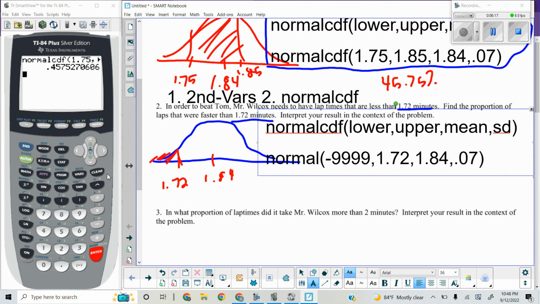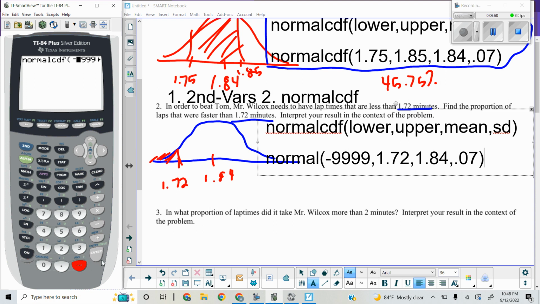So then we repeat the process. Second distribution, normal CDF, and we change our numbers. Our lower is negative 9,999. Our upper is that 1.72. Our mean's the same, standard deviation's the same, and oh, I pressed a minus instead of a negative.